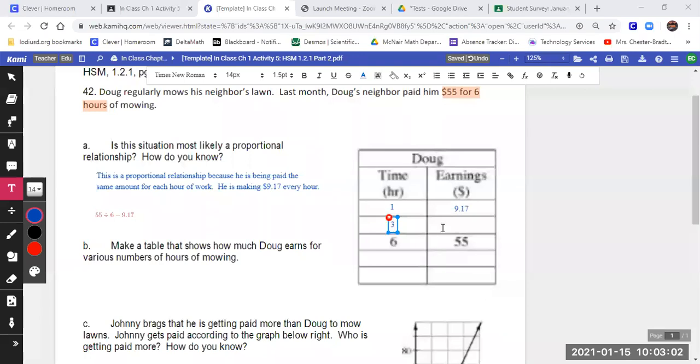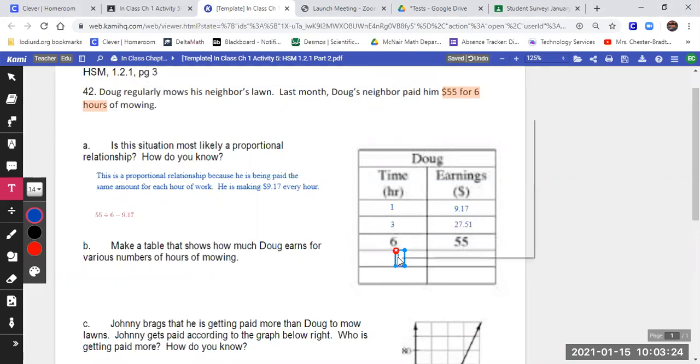So what are we going to do? 917 times 3. So someone please go use your calculator and do that. 917 times 3. How much do we get? $27.51. Thank you.